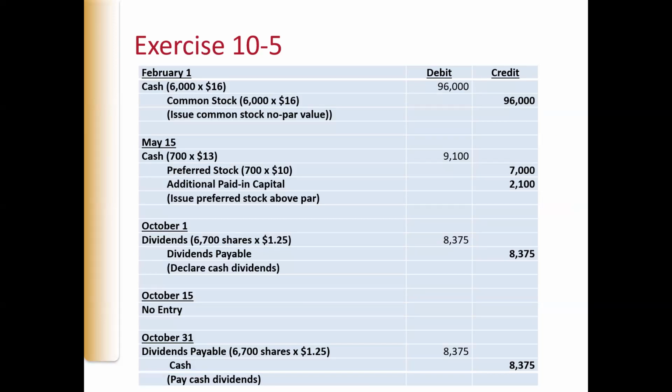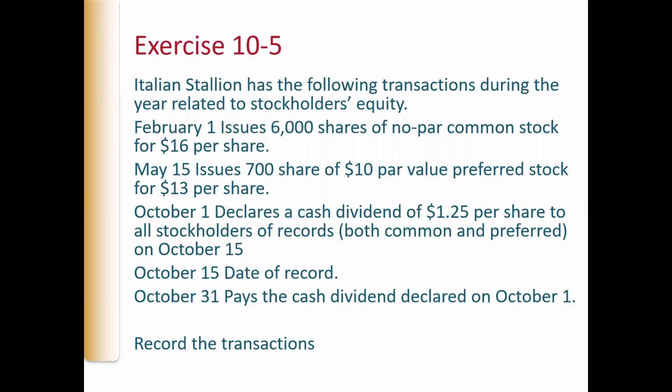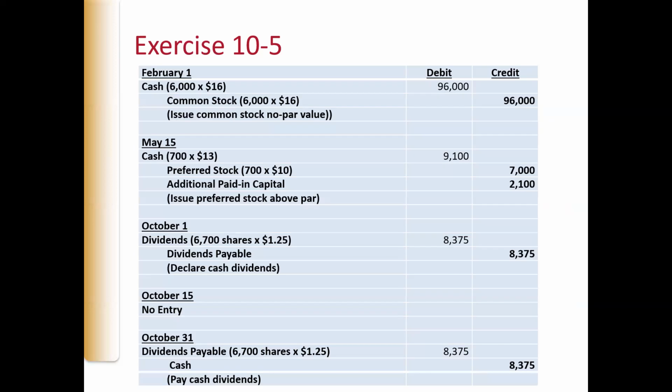We're going to debit our dividends and we'll credit our dividends payable. Now, at the date of record, there are no journal entries we need to do. But when the dividends are paid, it's at that time we will debit our dividends payable and we will credit cash.